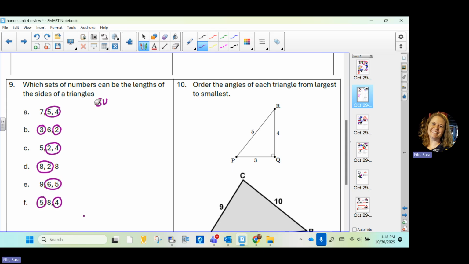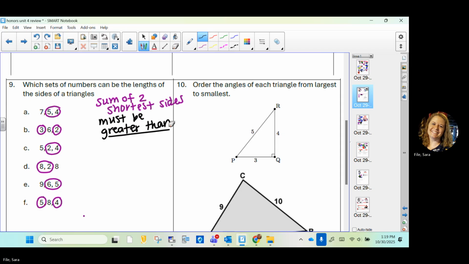So the sum of the 2 shortest sides must be greater than the longest side.